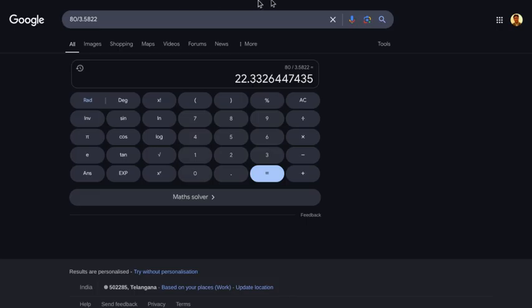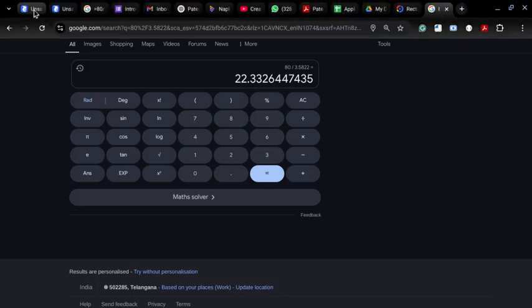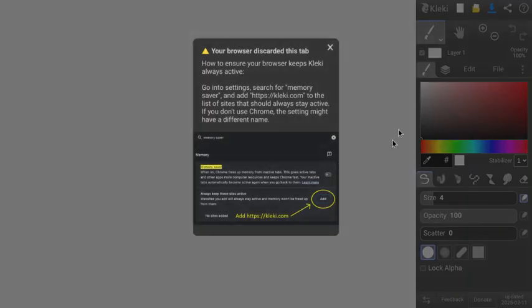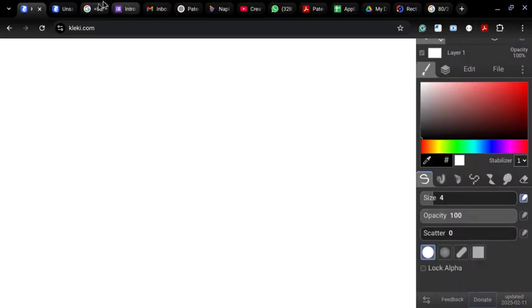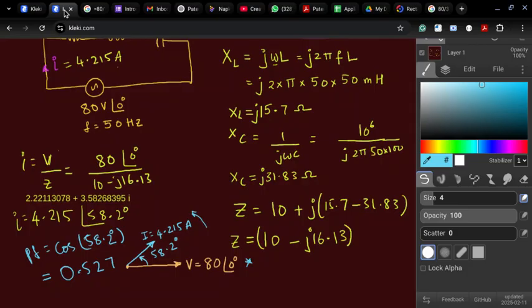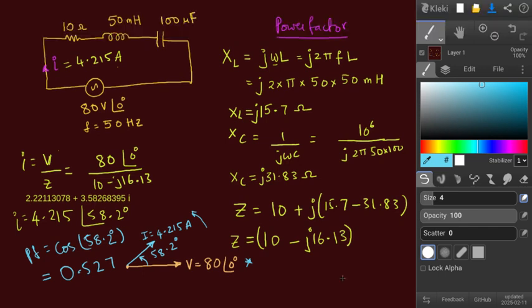So 22.33. Oh, I lost the value. I think there's a problem if I open two, it comes like this anyway. But would I have the value? So I'll just edit it here itself.